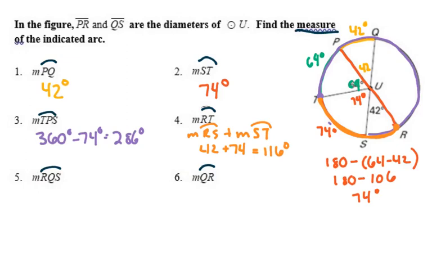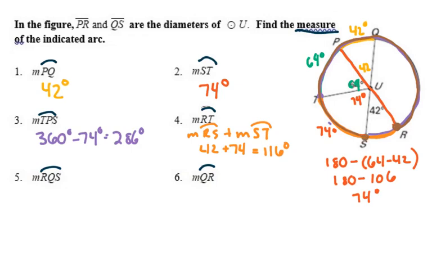Our next arc that we want to find is RQS. Again, order makes a difference for this. I'm going to start at point R, travel to Q first, and then finish up at S. So this is a major arc.